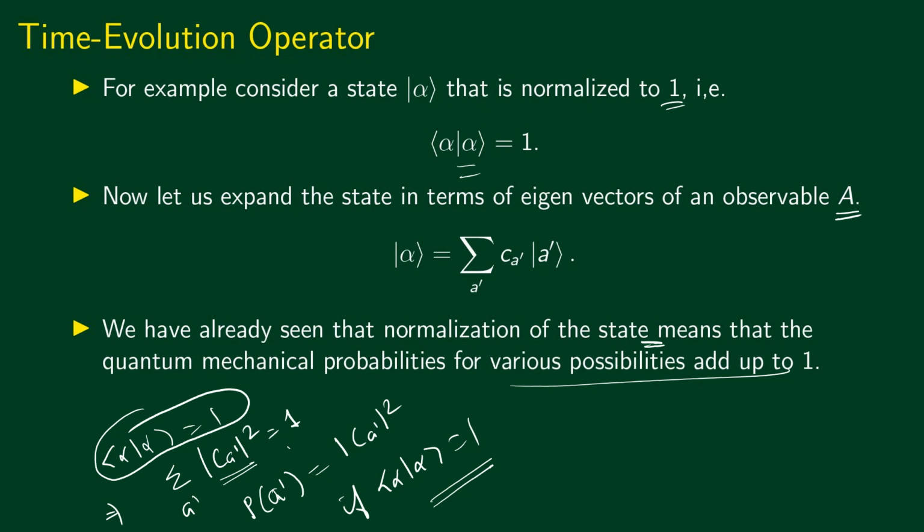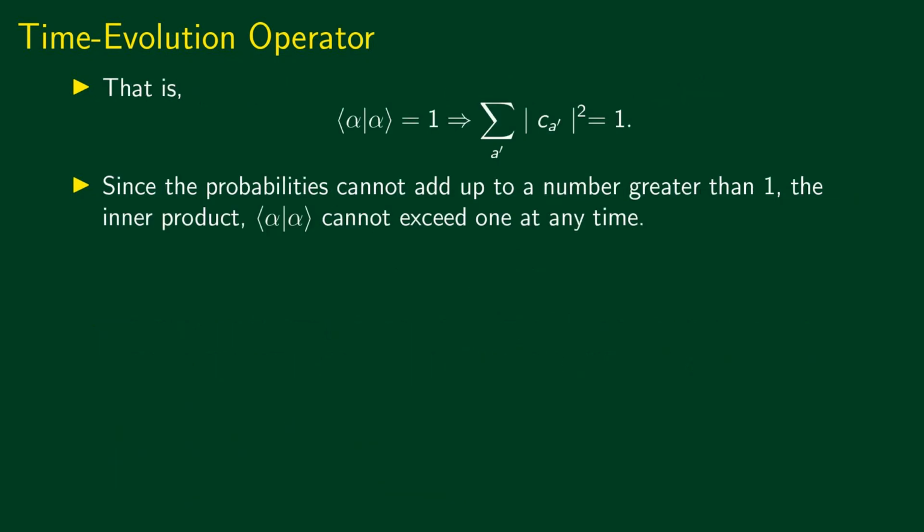And this is why the normalization is important for quantum mechanics. That is, bracket alpha, alpha equal to 1 implies that sum over a prime modulus c a prime square is equal to 1. Of course, if you don't remember how we did this, please stop here and check this. You can start with ket alpha equal to sum over a prime c a prime ket a prime.